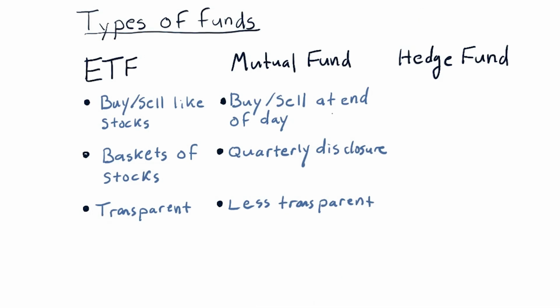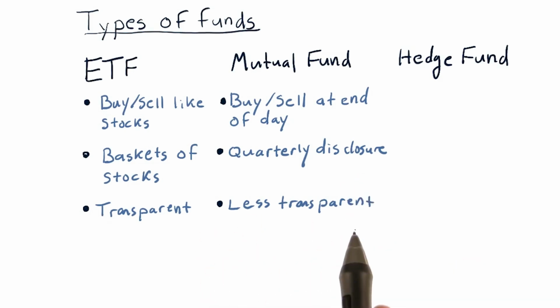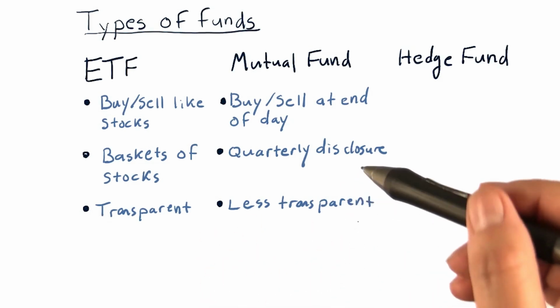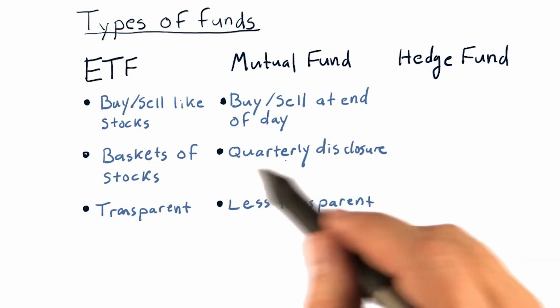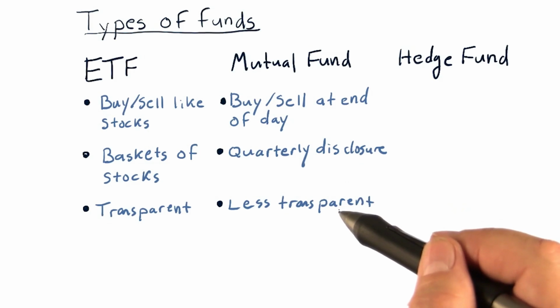So at the end of the day, they add up all the things they hold and compute a net asset value, and that's the value at which you can buy or sell shares of a mutual fund. They don't disclose exactly what they're holding except once every quarter, so they're accordingly less transparent. They're less transparent because since their last disclosure, you don't know exactly what they might have bought or sold.